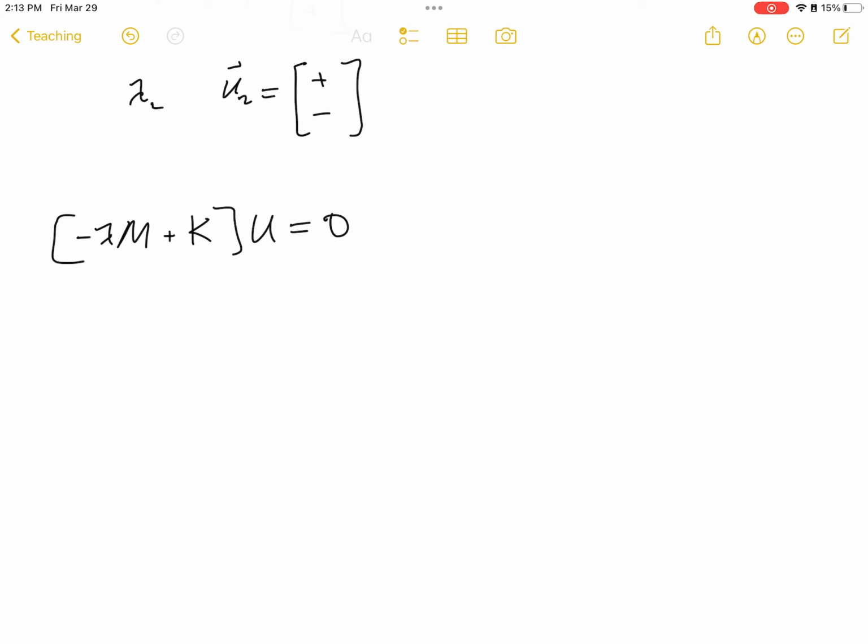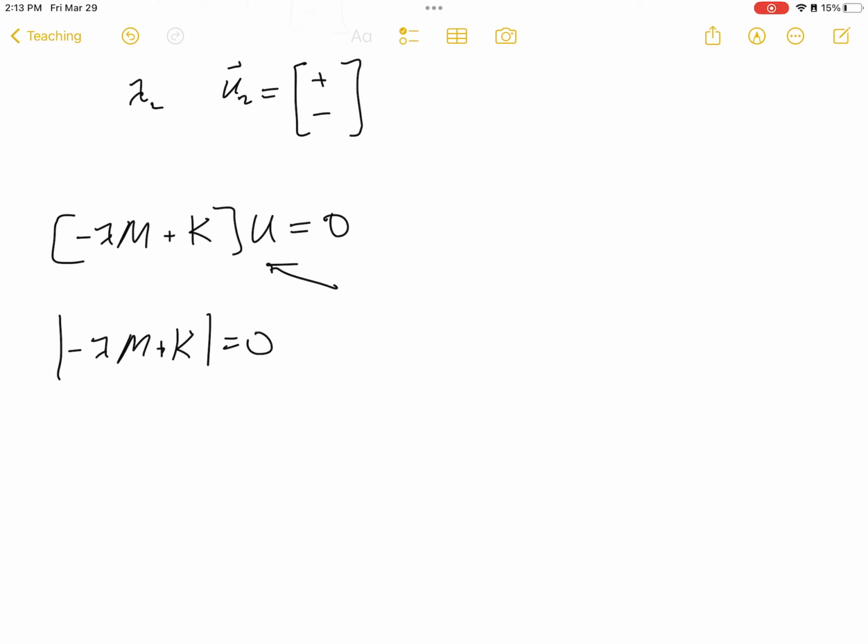And when we solve this, those eigenvalues are going to come from the determinant of minus lambda m plus k equaling 0. And we can find 3 eigenvalues using that. And then we can plug those eigenvalues back into this equation and solve for the eigenvectors.